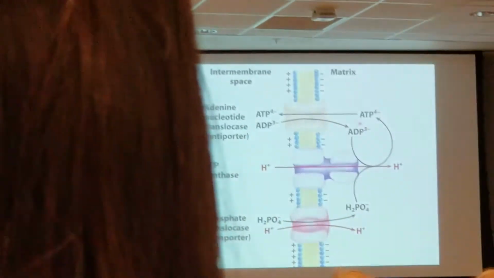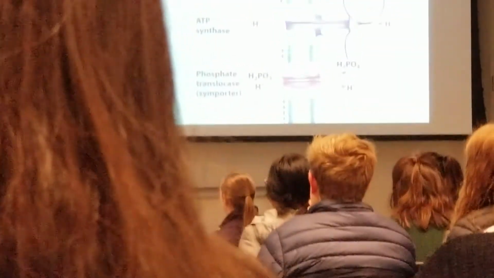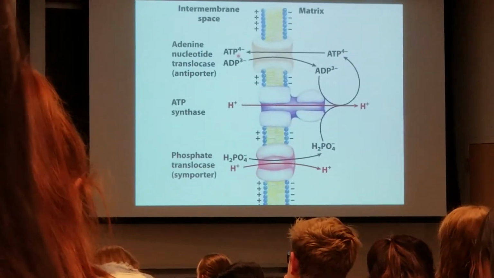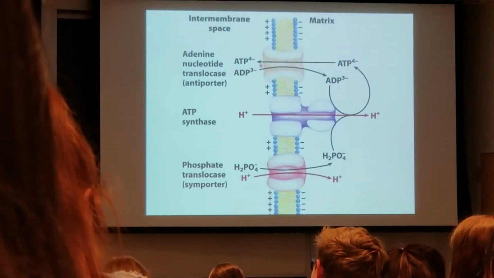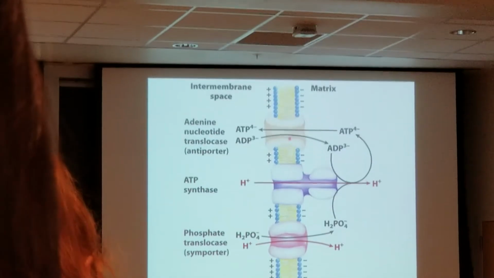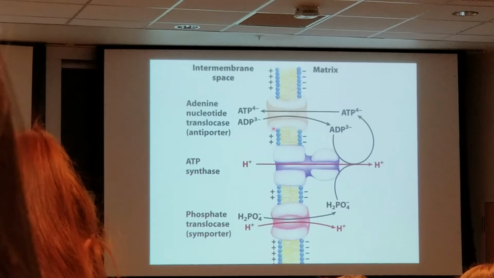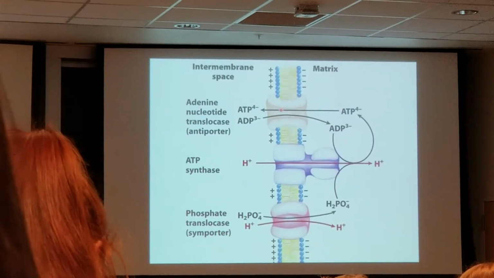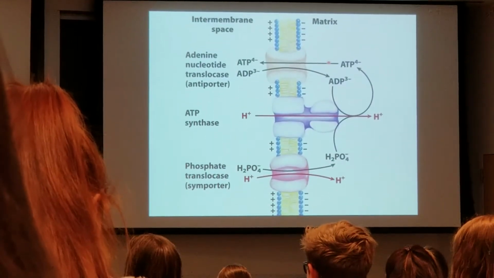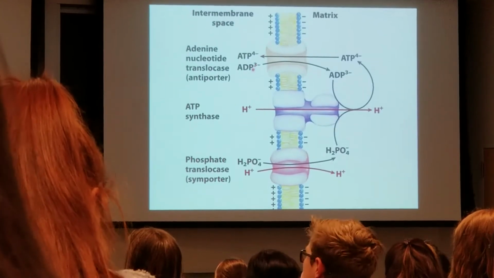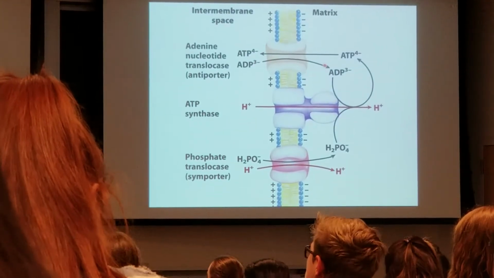But I want you to see that the ATP has to leave so that the cell can use the ATP elsewhere. But it only does so going through a transport protein, an integral protein, something that's buried in the membrane. And it only comes out if an ADP comes back in.